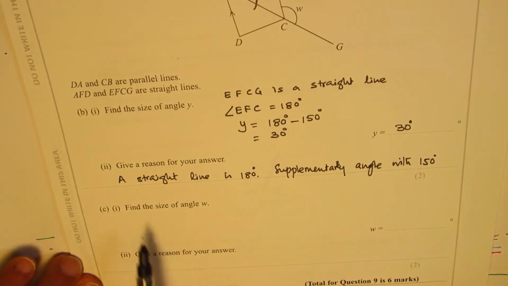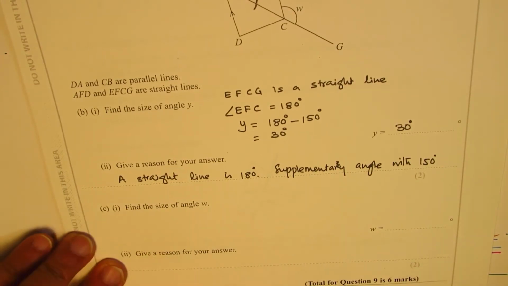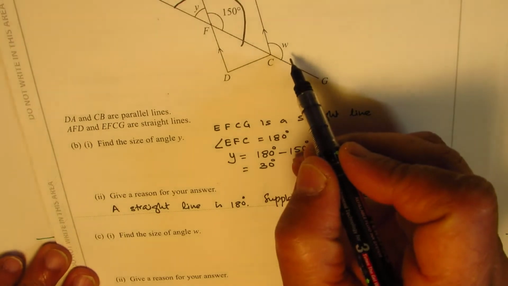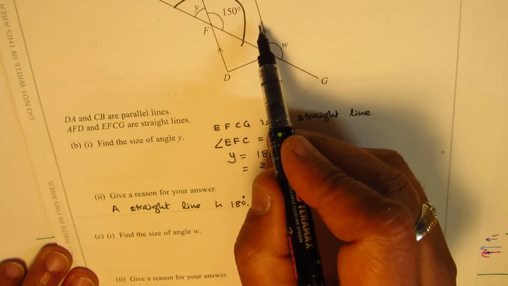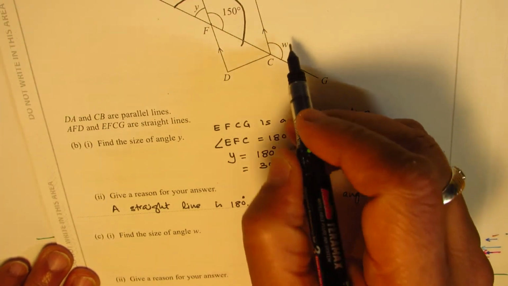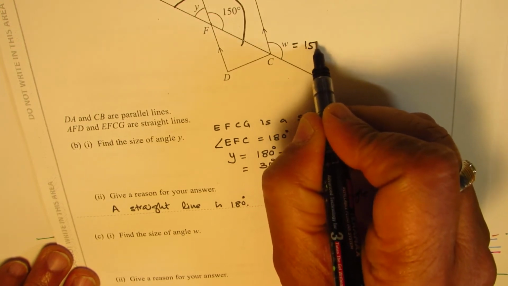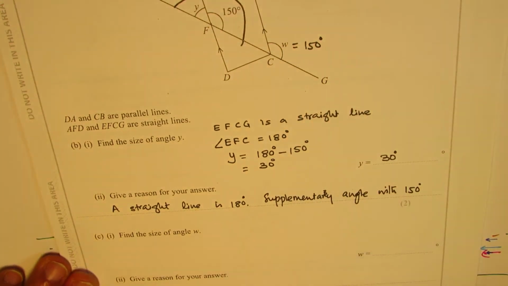Part C is find the size of angle W. Now angle W is how much? If you look at it, we have these two as parallel sides. So angle W should be equal to 150 degrees, right? Since it is a corresponding angle.